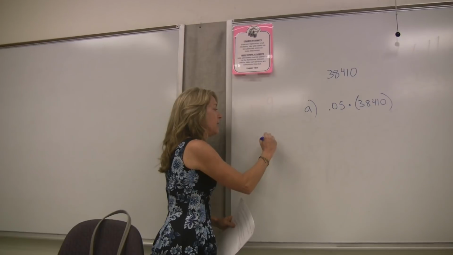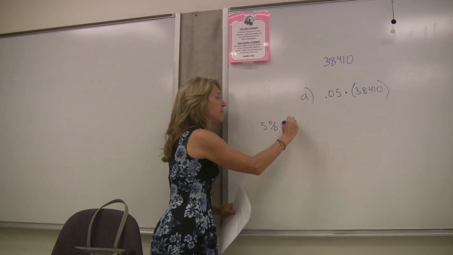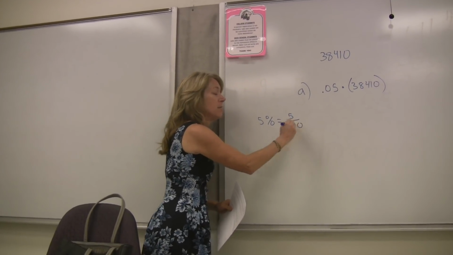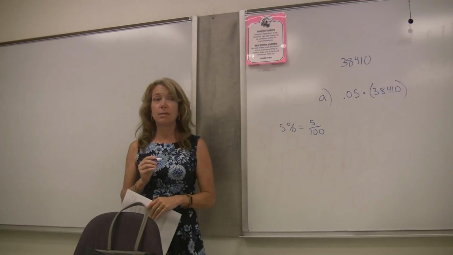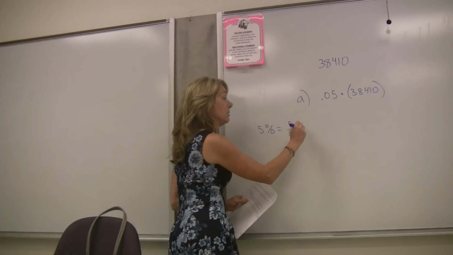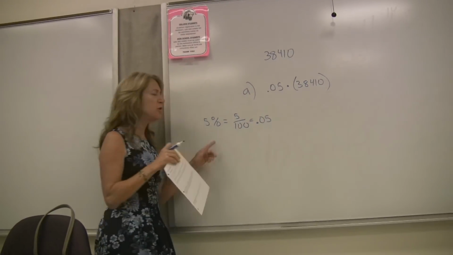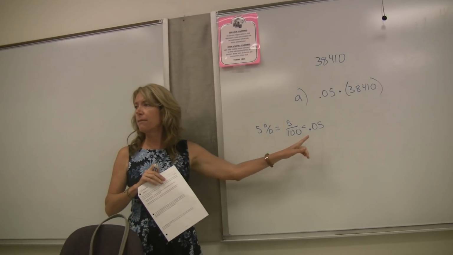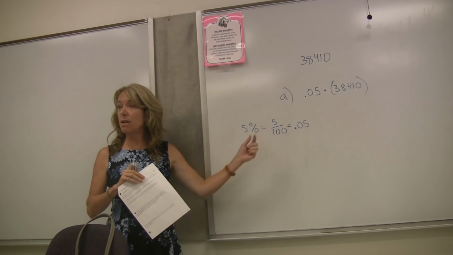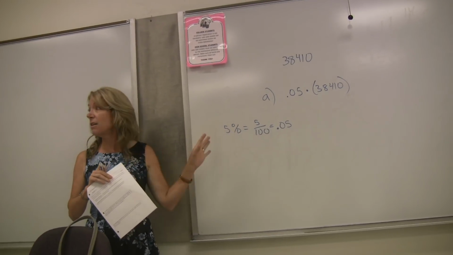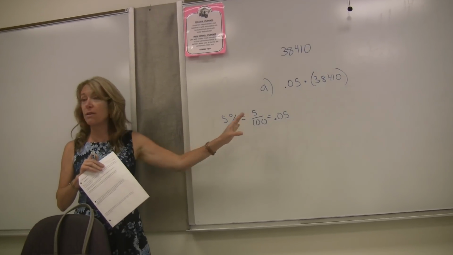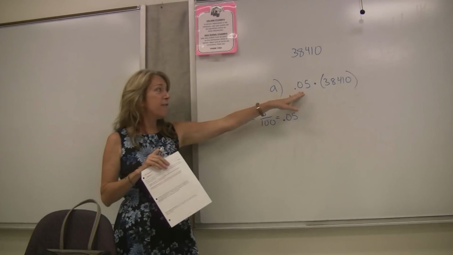So 5% really means 5 out of 100, so you could divide that, and it would come out to be 0.05. What's the shortcut to go from here to here? Move the decimal over 2 places. Yeah. So hopefully you remember one or more of those techniques. So that's where the 0.05 came from.